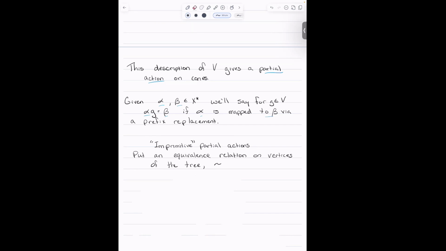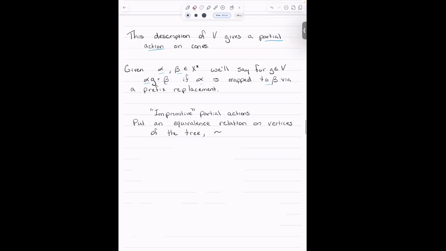We want to say that the action is imprimitive if it preserves some block structure, which is really just the same as saying some equivalence relation. And an equivalence relation is just a labeling of the tree by some colors. So two vertices are equivalent if they're labeled with the same color.